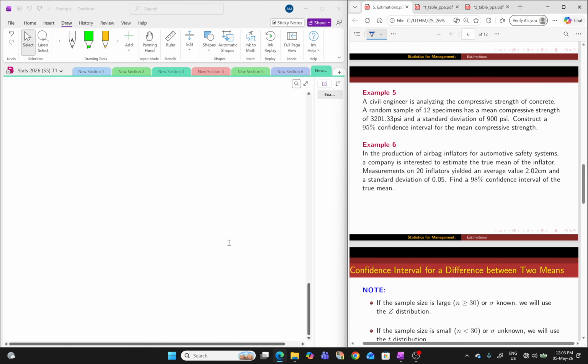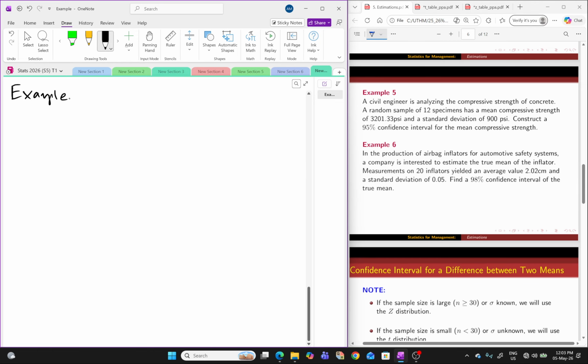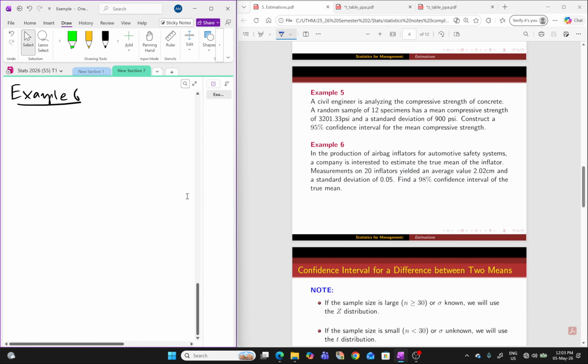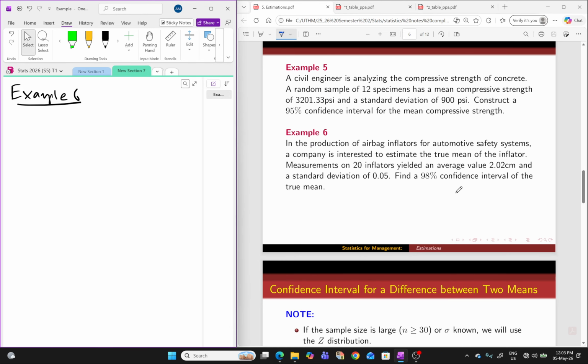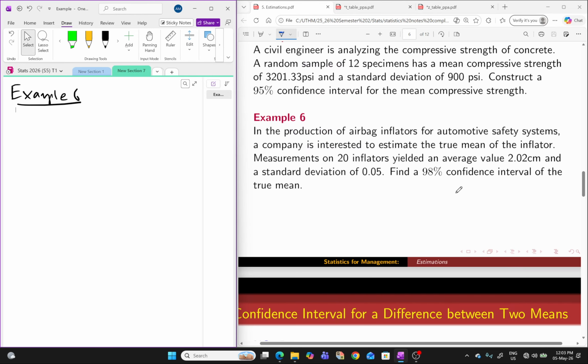Okay. Example 6 now. You kena hantar saya dua soalan ni example 5 and 6. Okay.